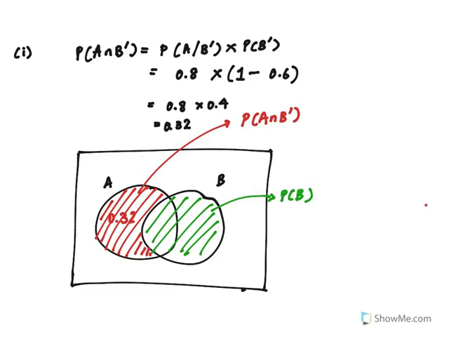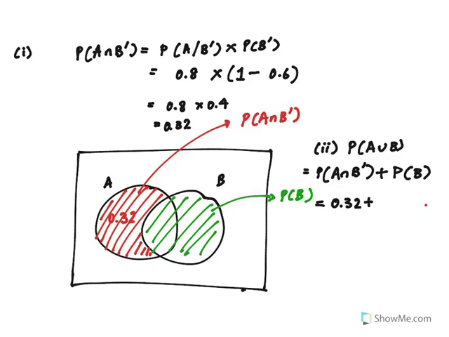So looking at the diagram, the probability of A union B is the same as the probability of A intersect B prime plus the probability of B. From part 1, the probability of A intersect B prime is 0.32, and from the question, the probability of B is equal to 0.6. So our final answer comes out to be 0.92. This is for part 2.